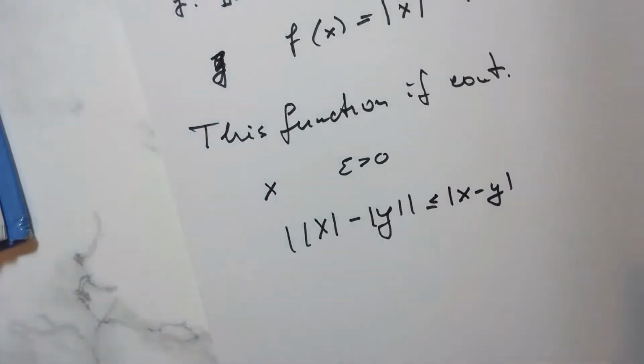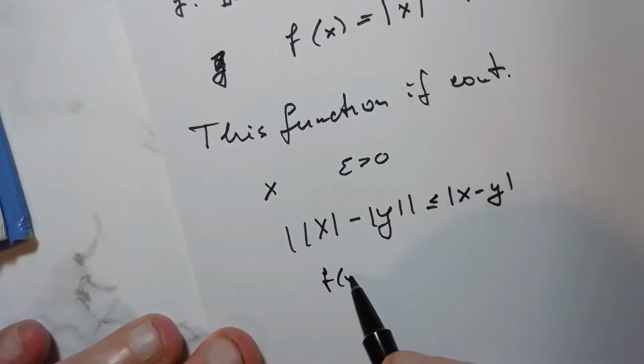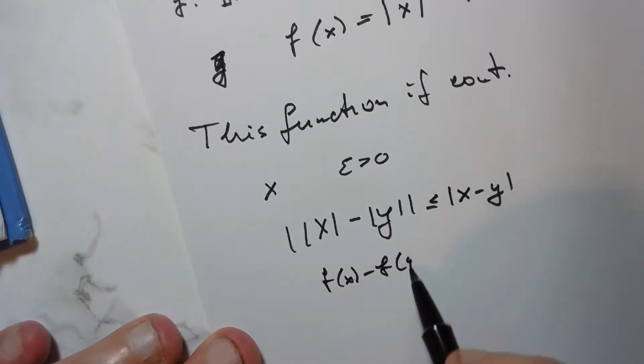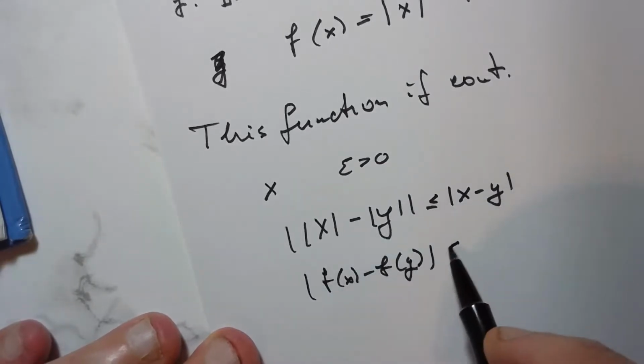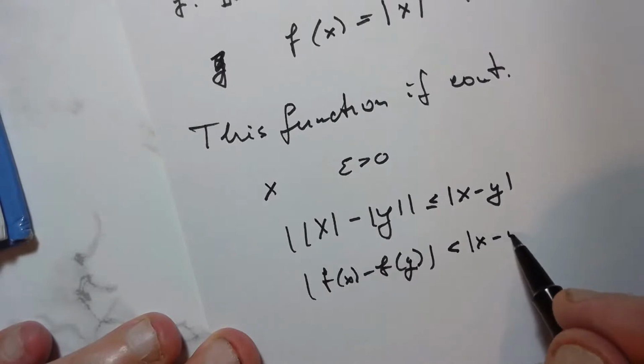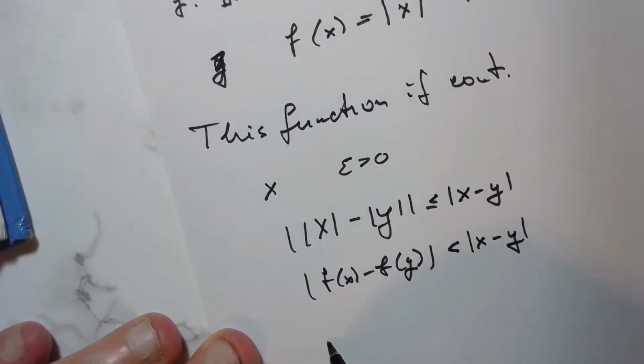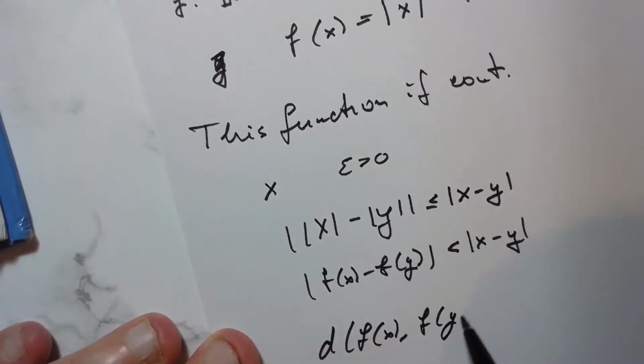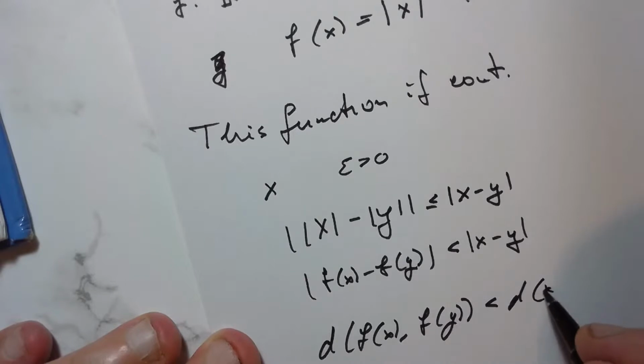And so what that means is that the absolute value of f of x minus f of y is less than or equal to the norm of x minus y, or the distance from f of x to f of y is less than or equal to the distance from x to y.